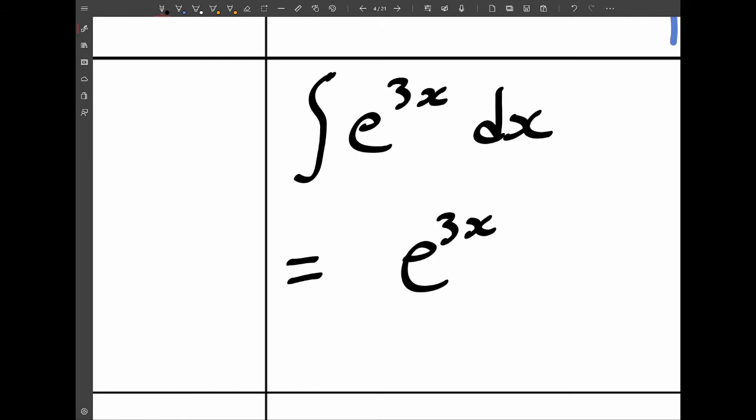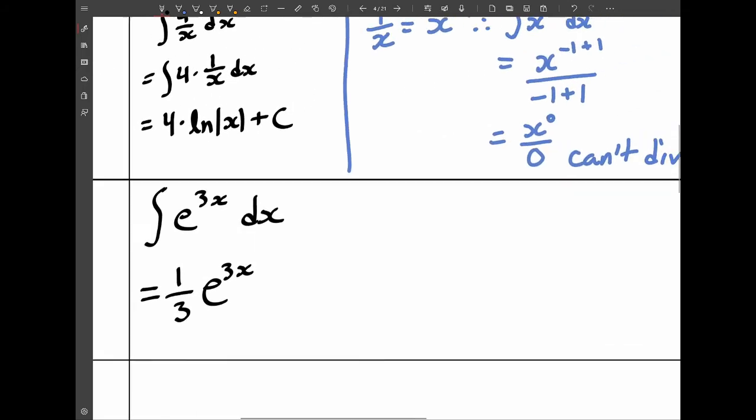So when we take the antiderivative, we have to account for that. So we multiply by the reciprocal of that coefficient. That way, when we take the derivative, they'll cancel out. Allow me to demonstrate.